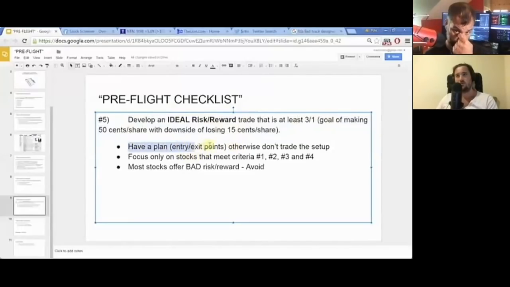So you always have to have your game plan, entry, exit points. Otherwise, don't trade the setup. Only focus on stocks that meet criteria number 1, number 2, number 3, and number 4. Most stocks offer bad risk reward. Avoid.